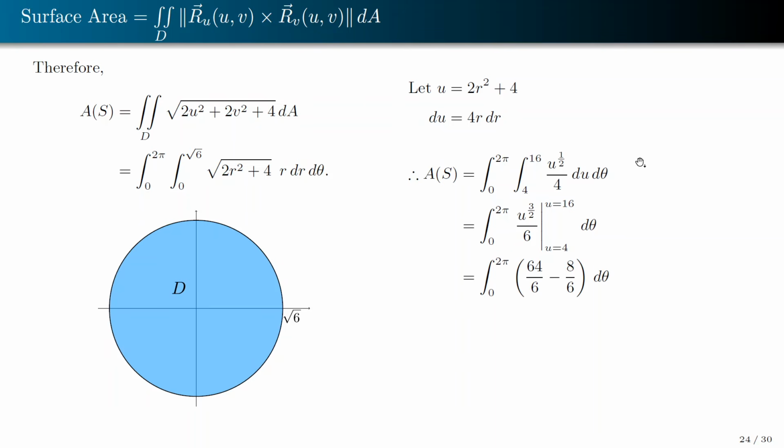Integrating, evaluating sa endpoints, simplifying, integrating ulit with respect to theta, and evaluating sa endpoints, we get this answer. Okay? Ayan, so, again, pakialala lang kapag parametric surface ang given sa atin, tapos gusto natin hanapin yung surface area niya, apply lang natin yung formula na to. So, kailangan alam natin yung r, alam din natin yung region D kung saan defined yung ating parametric surface. So, again, yung D yan nasa UV plane siya.